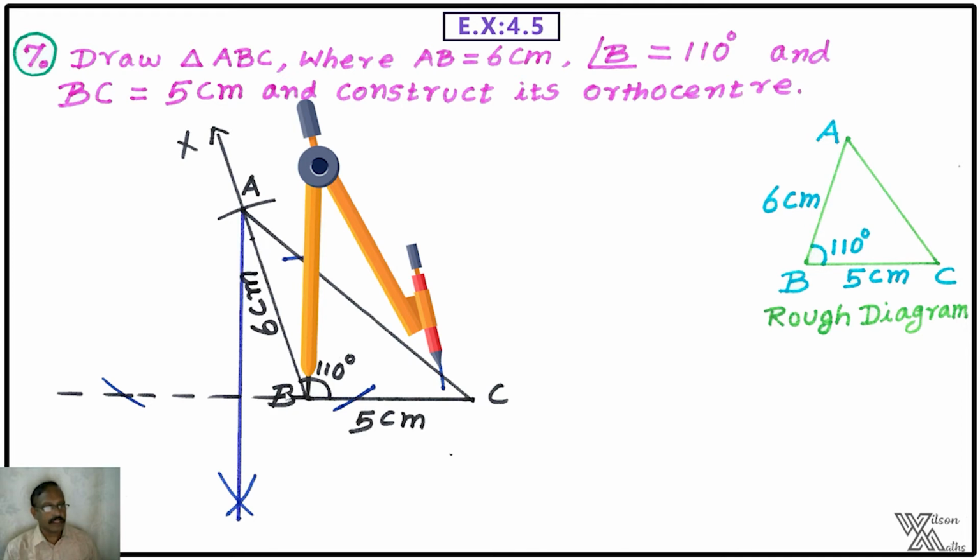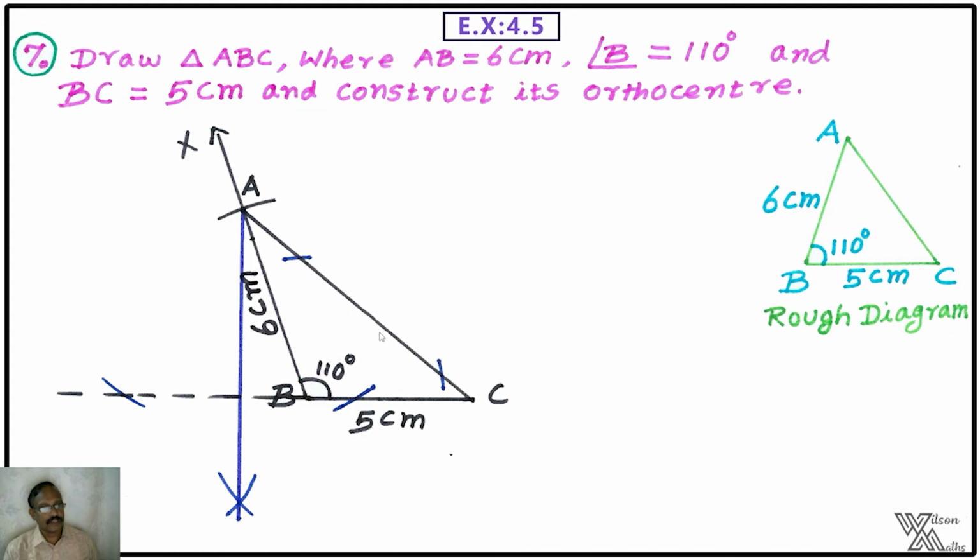Then next from the point B we have to draw the altitude to the opposite side. So from point B, take a certain measurement, cut one arc right hand side, one arc left hand side on the AC side. You get like this.